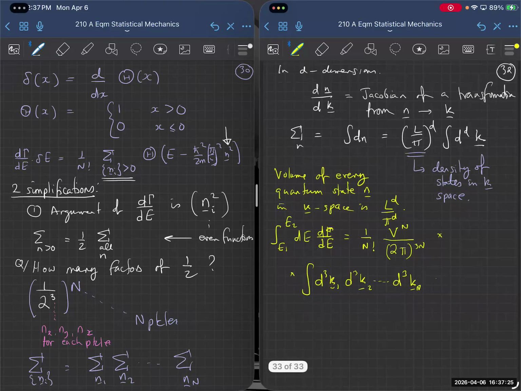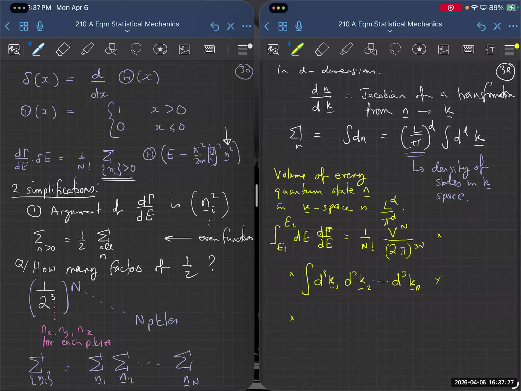And then what is the thing I'm integrating? Well, it's the Dirac delta. I'm just going to write it as a Dirac delta for now.